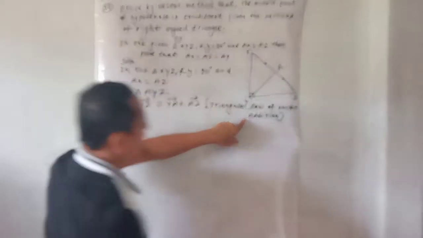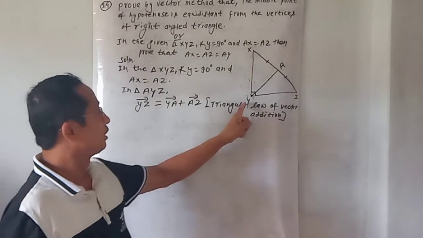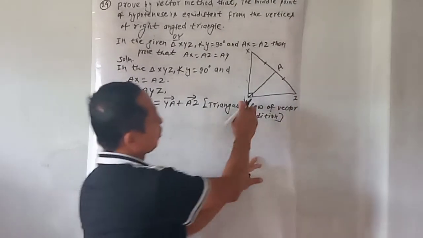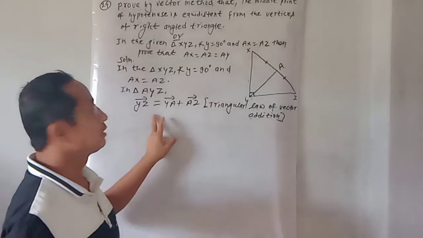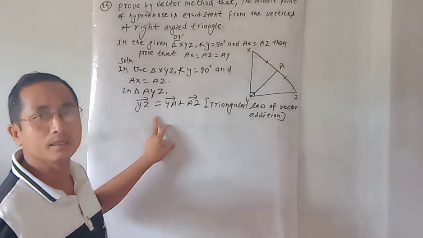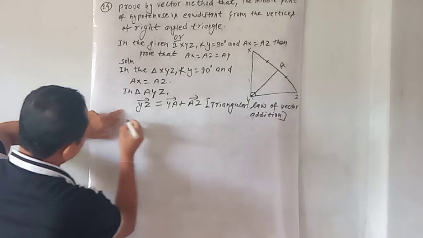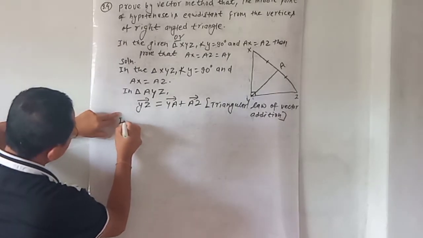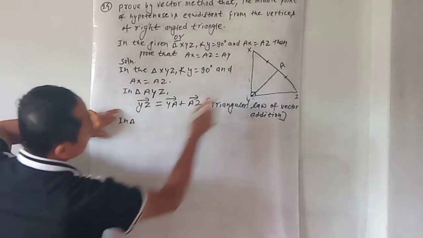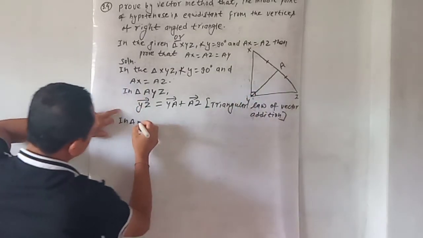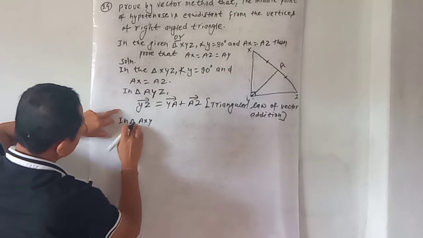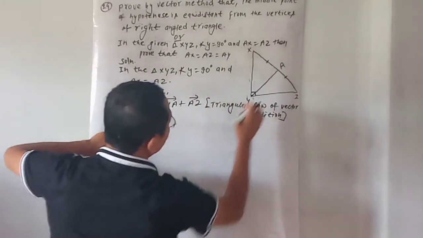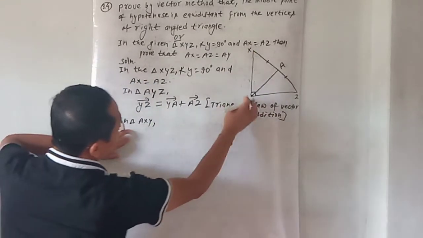Triangular law of vector addition: vector YZ is equal to YA plus AZ. Now in triangle AXY, we take vector YX.